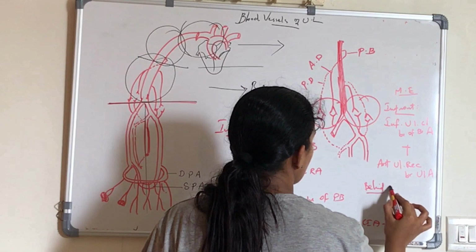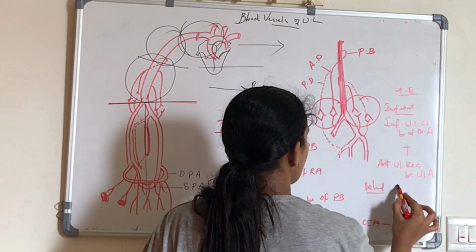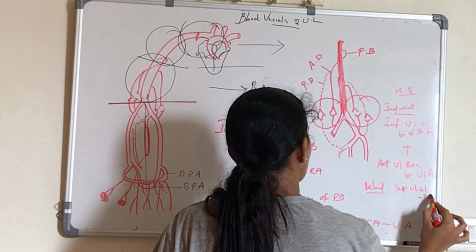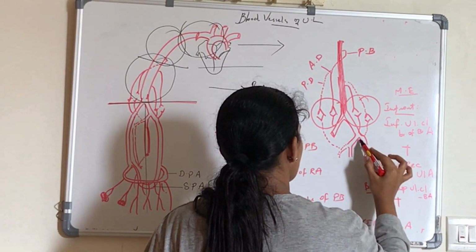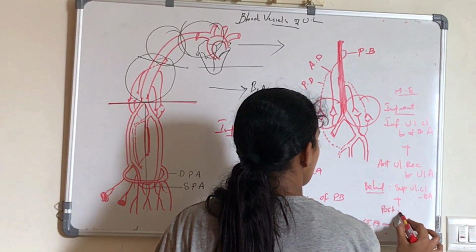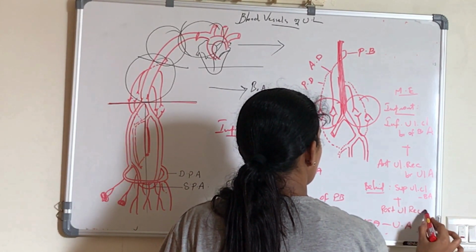Behind the medial epicondyle, we have the superior ulnar collateral from the brachial artery, which anastomoses with the posterior recurrent from the ulnar artery.